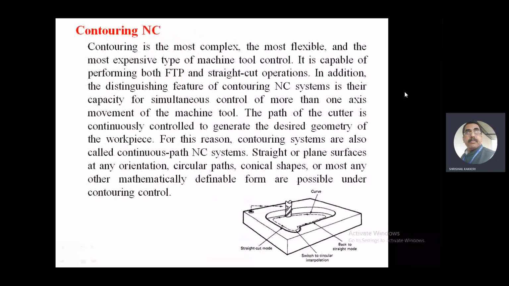Today, take any Sai Baba or Ganesh, any shapes. In marble, they do it by using CNC machines. All these statues are made using CNC machines.